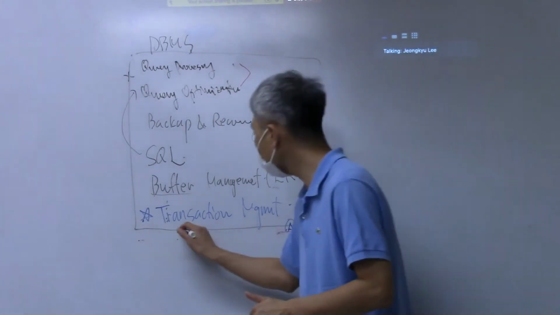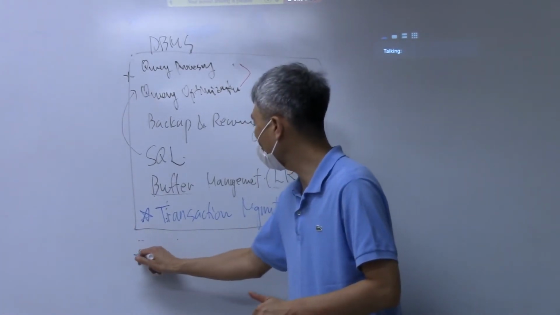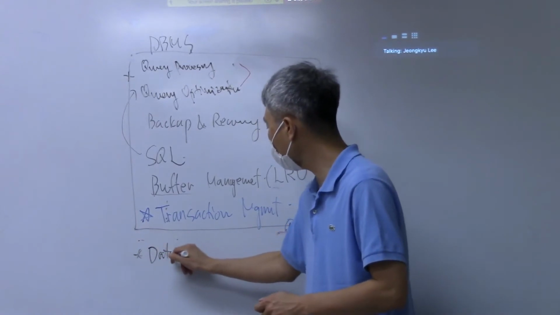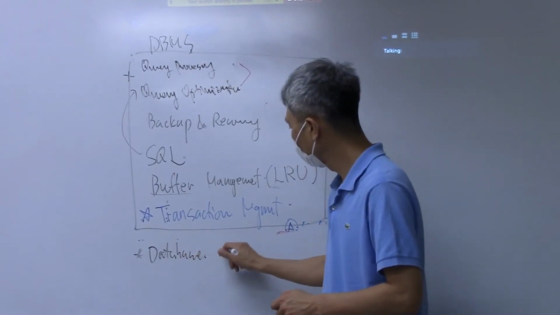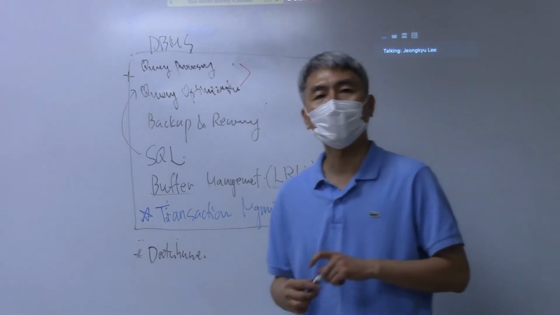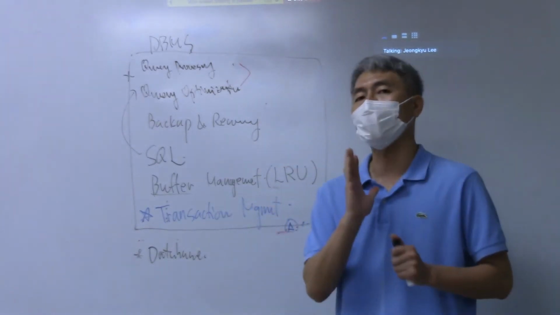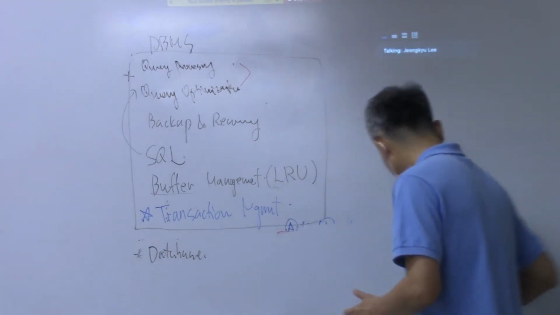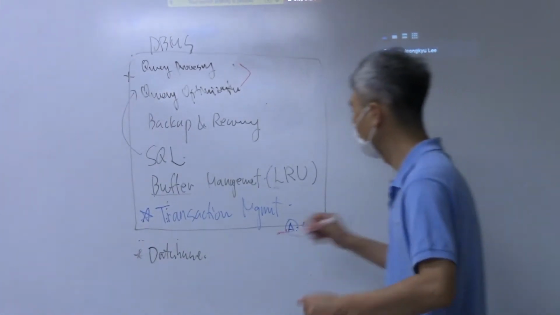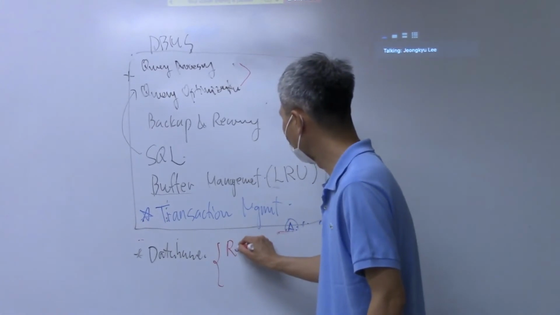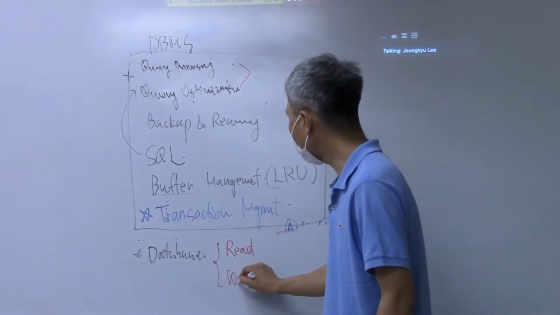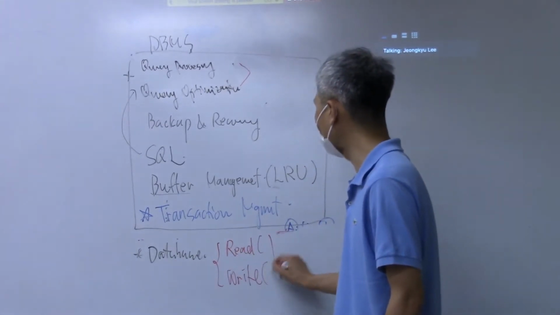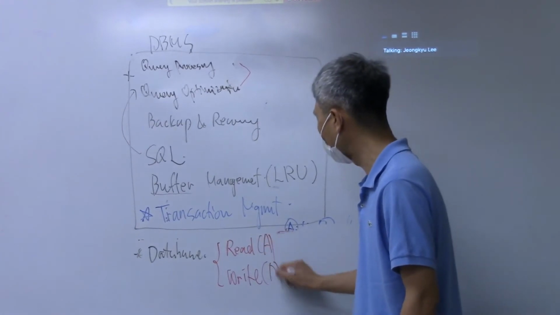But we learned that the database encounters the same problem. Think about the database operations. What are the basic operations of the database? Basically, read the data and write the data: two operations for a certain item.